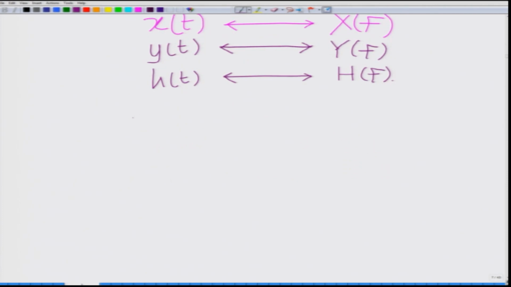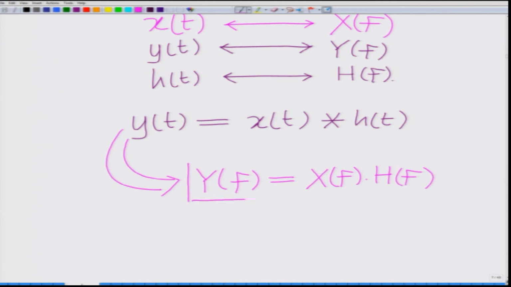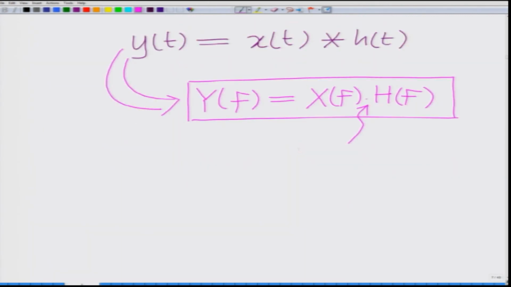Then we have in the time domain y(t) equals x(t) convolved with h(t). This implies in the frequency domain the Fourier transform Y(f) equals the input Fourier transform X(f) times H(f), that is convolution in the time domain becomes multiplication in the frequency domain.